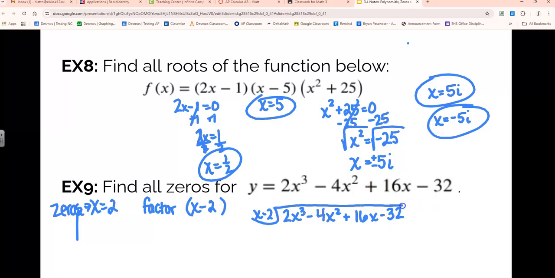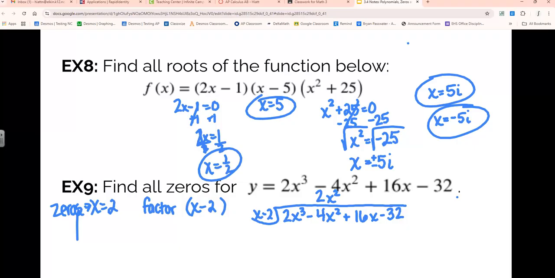So, for this one, I need to ask myself, what times x gives me 2x to the third? There's no number with this x right here, so it's going to be 2x squared.